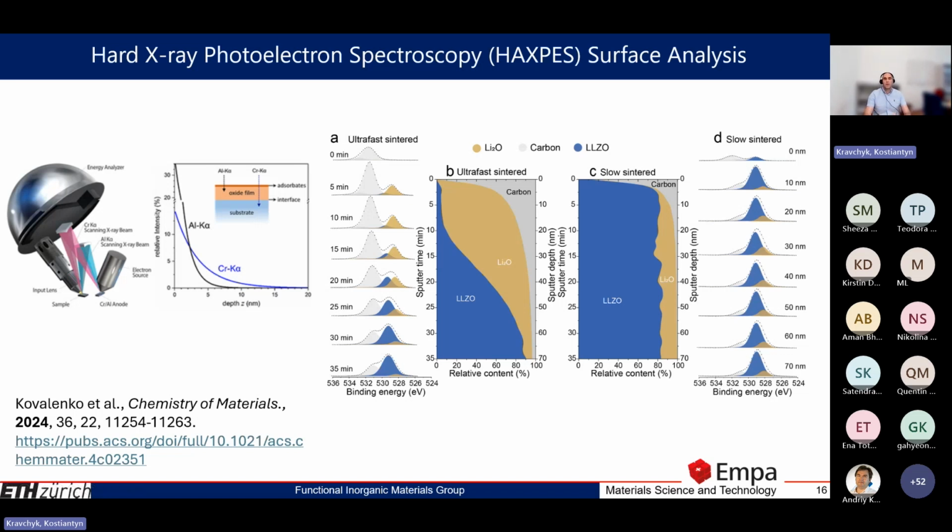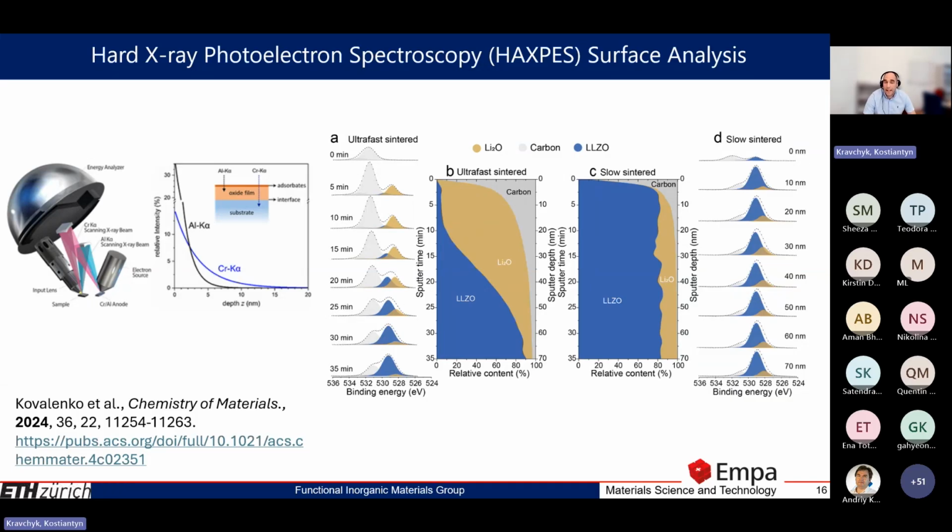So this is a non-destructive technique for characterization of interfaces. But if you want to sputter, it's also fine. So the combination of sputtering with XPS enables you to understand what kind of surface chemistry you have in your materials.